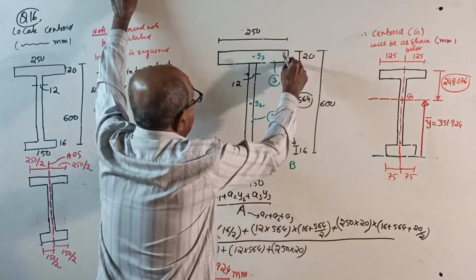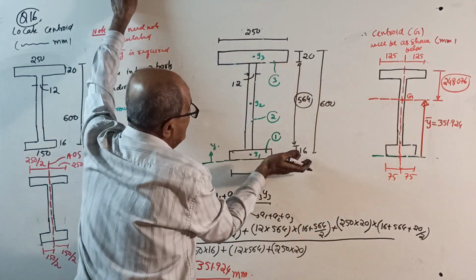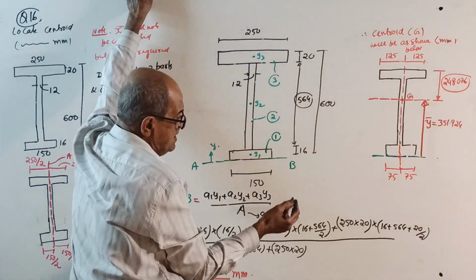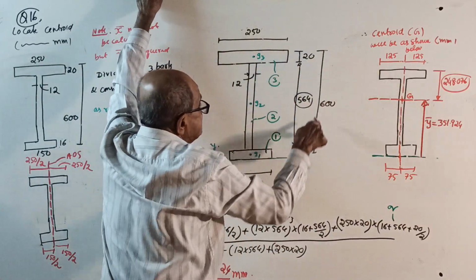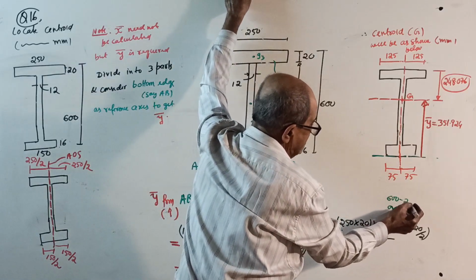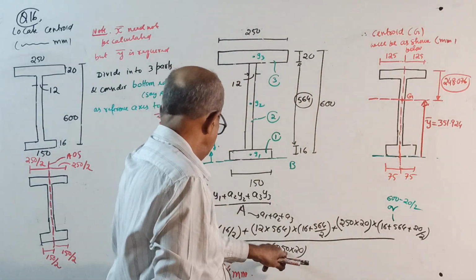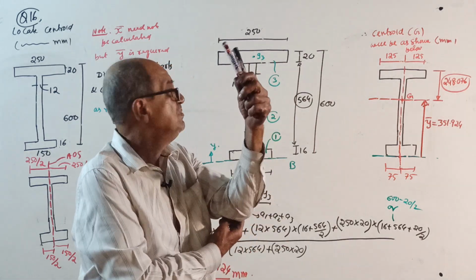A3, 250 by 20 into its centroid from here is 16 plus 564 plus half of 20. You can write, or you can directly write 600 minus 20 by 2. That also will do. Divide by A1 plus A2 plus A3. Y bar will come 351.924.